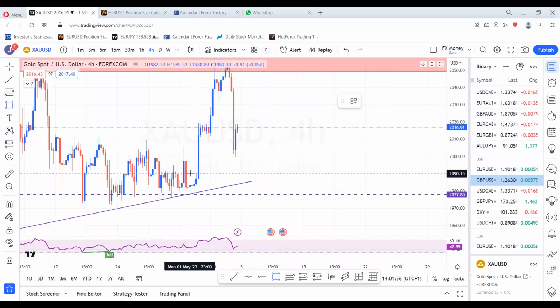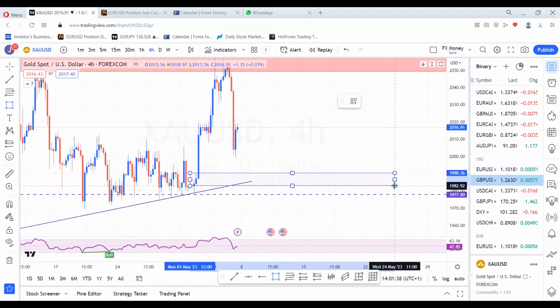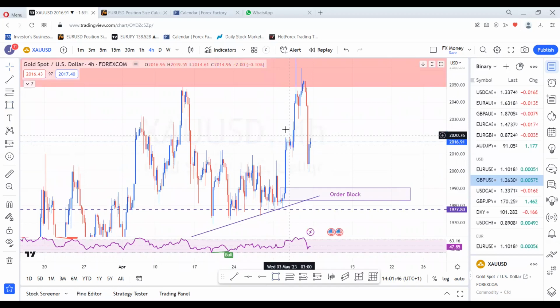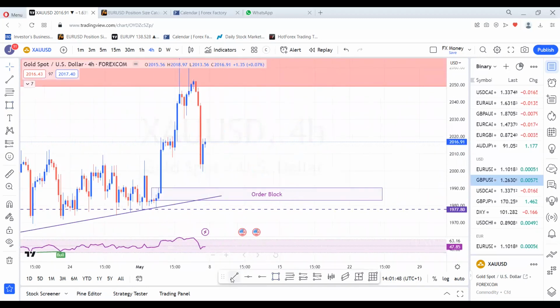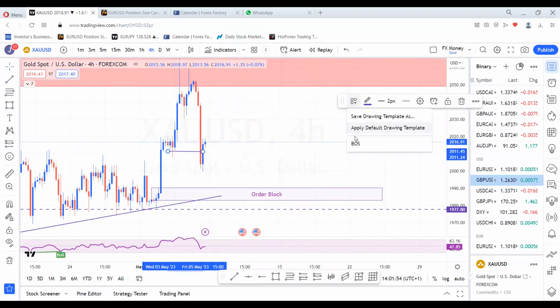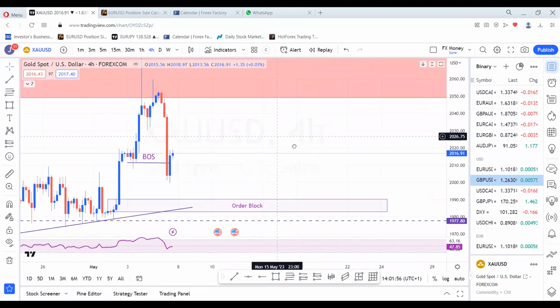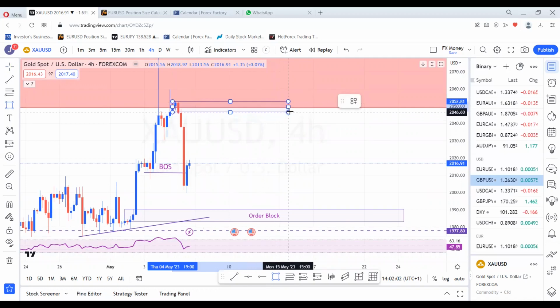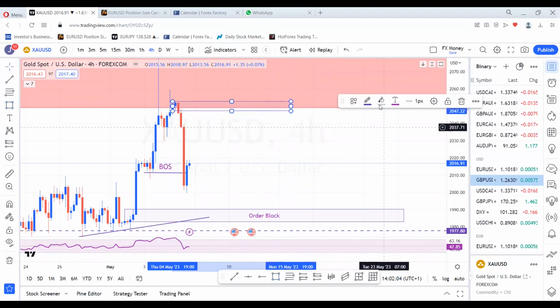And say this is another demand zone. Right. So we have a break of structure to the downside, which is why we're looking for a sell. Last buy candle. So a valid place to get in.